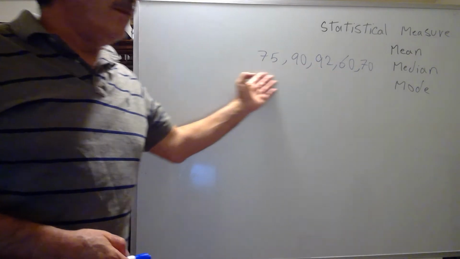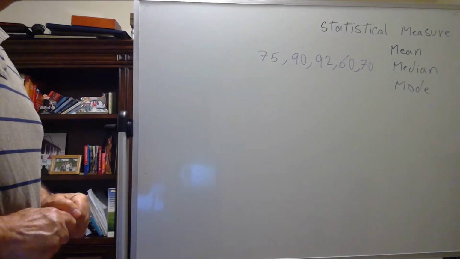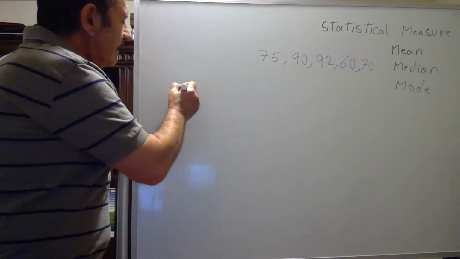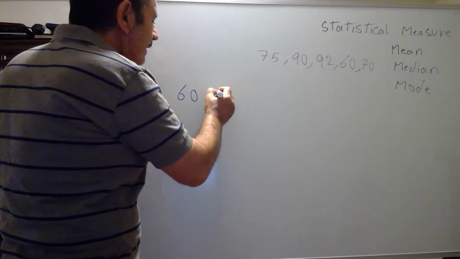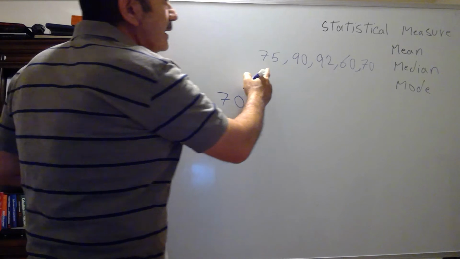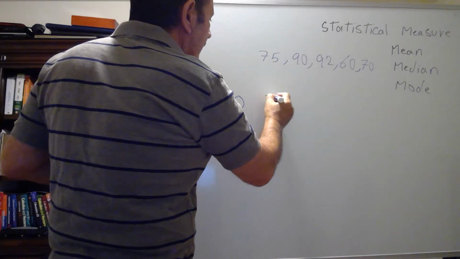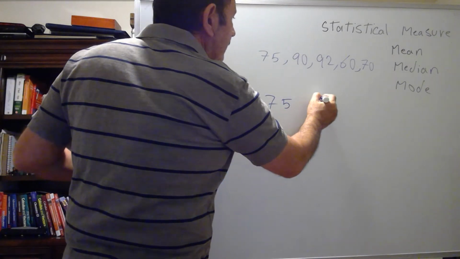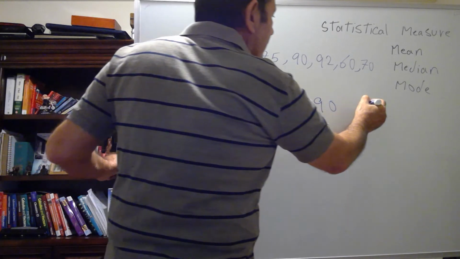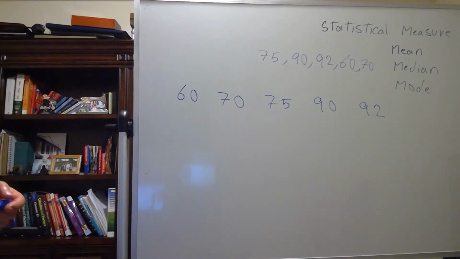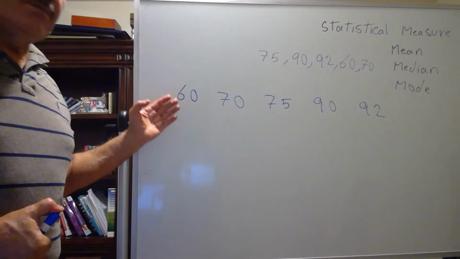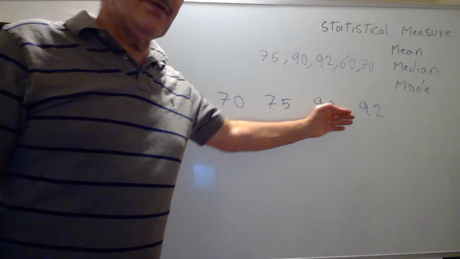As an example, when we have these 5 data, the lowest mark is 60. Then we have 70, then 75, 90, and 92. For finding the median, arrange the data from smallest to biggest.